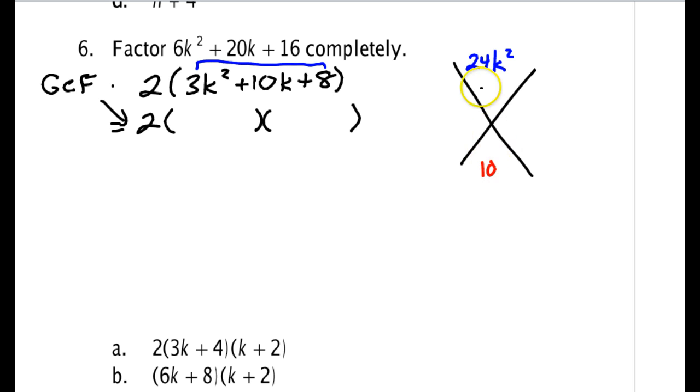So what two numbers multiply to 24 and add to 10? Let's see here. Factors of 24. I think 3 and 8. But 3 plus 8 doesn't equal 10. And then another factor would be 6 and 4. And 6 plus 4 does equal 10. So I'm going to use 4k and 6k.